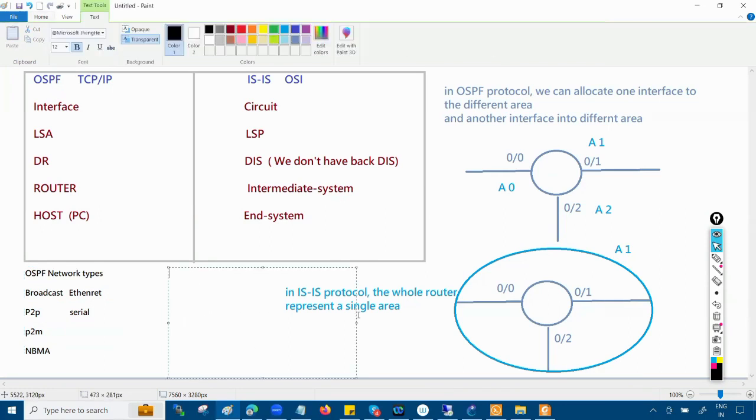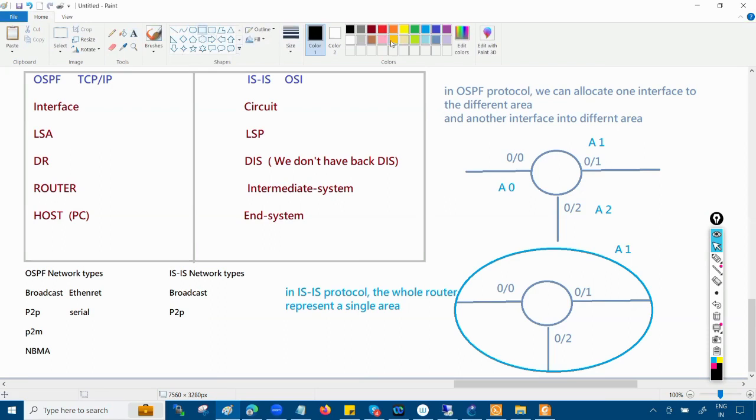But if I talk about the IS-IS protocol, we have broadcast and point-to-point. Only 2 types of network we have.